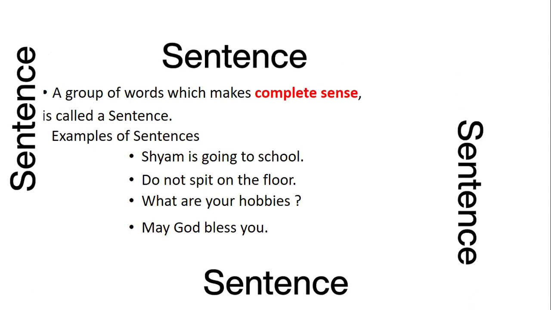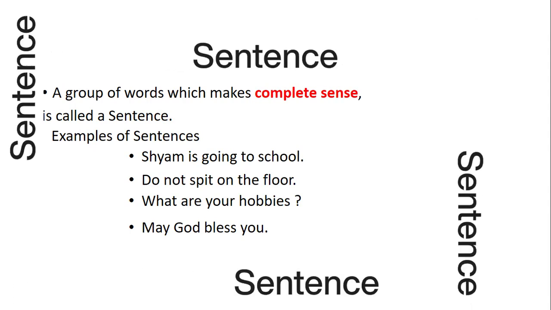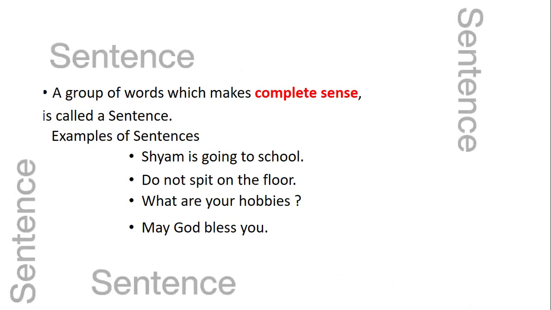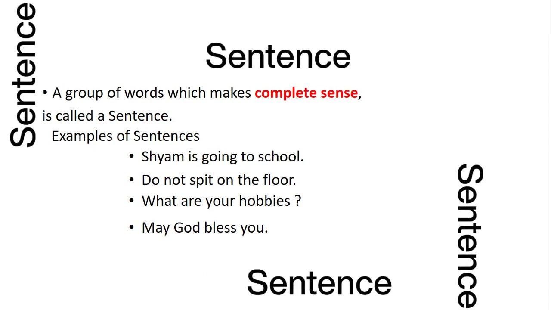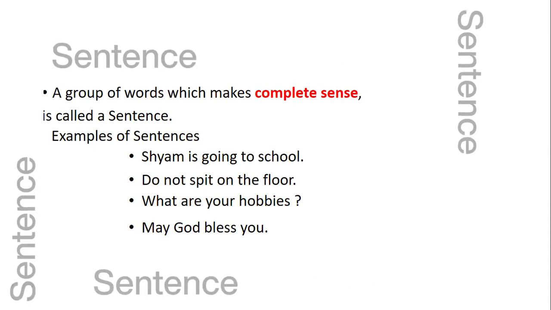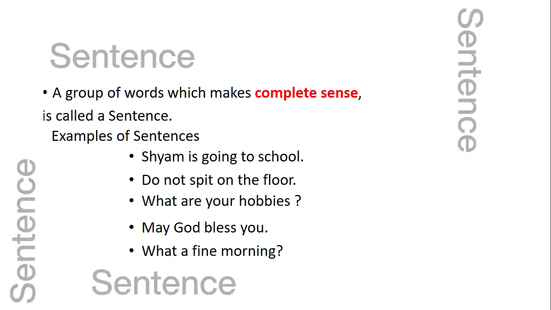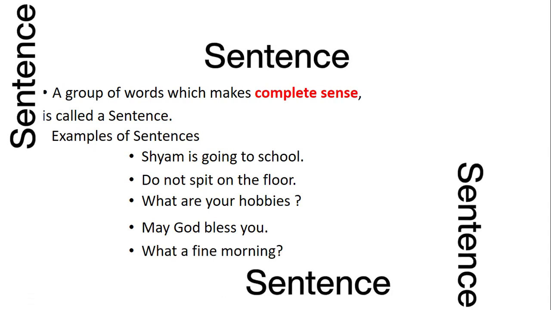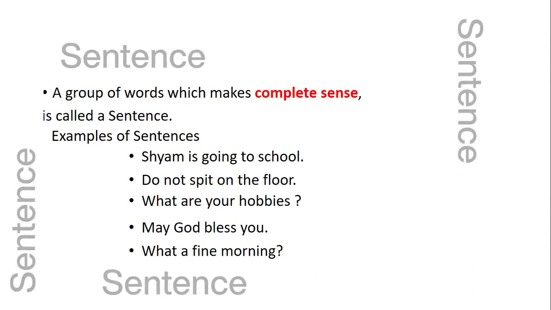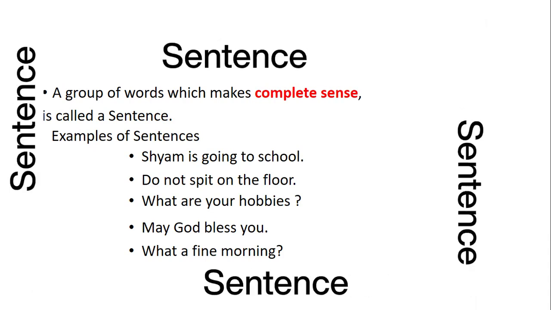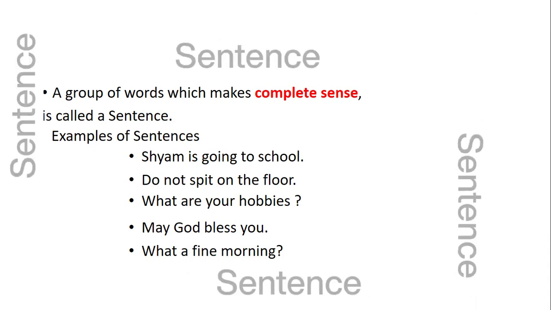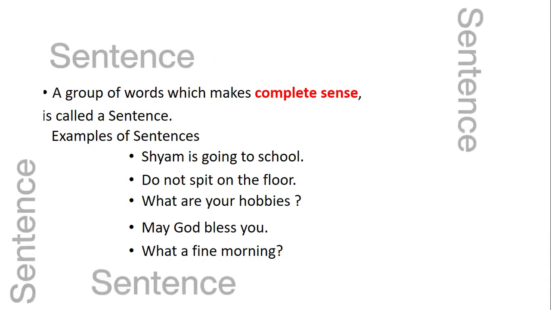May God bless you, right? So the whole statement gives us a clear-cut understanding that someone is giving good wishes, that may God bless you. What a fine morning. It has a complete sense. So sentences are those, we can say, a group of words which make complete sense. They are called sentences.